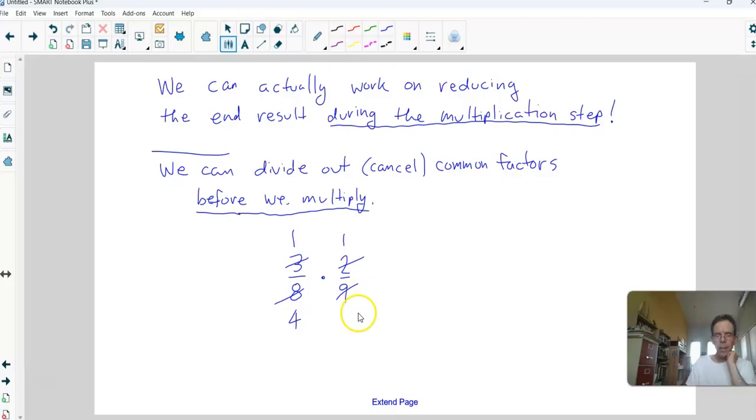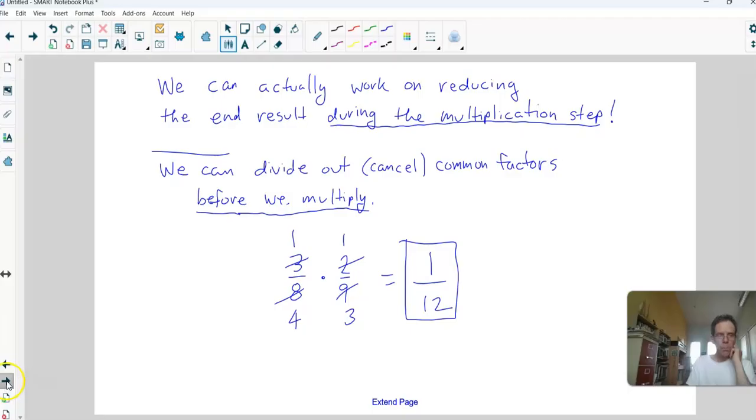We divide 3 into 9, we get 3. Now we're at the point where it's really easy to multiply. We have 1 times 1 for the numerator, and we have 4 times 3 for the denominator, and we're done. So that's another way to do the reduction on the fly before you even multiply.